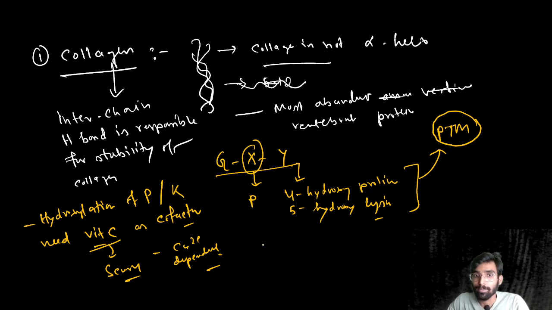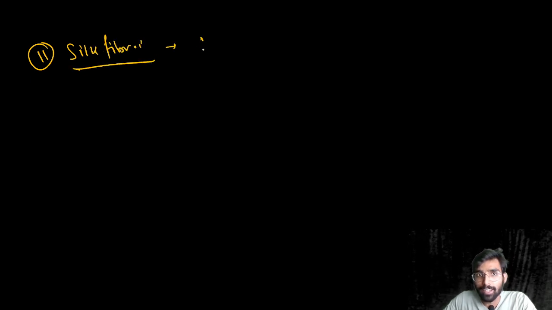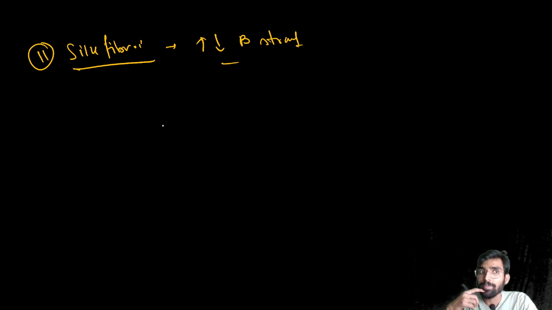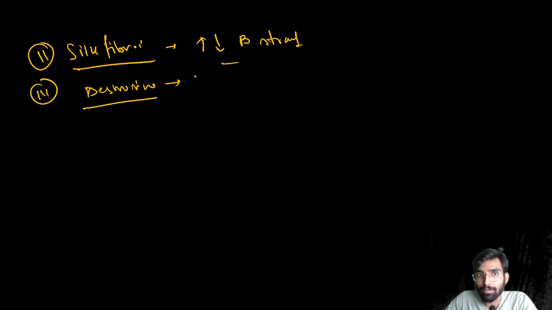And the silk fibroin is the anti-parallel beta strand, right? Another thing is desmosine, which forms elastin.